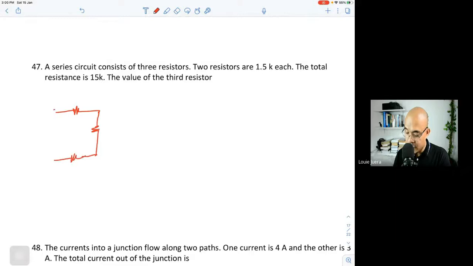three resistors, and we have here our R total. Based on the problem, two resistors are 1,500 each. So 1.5K, this is 1.5K, 1,500. And then this one here is unknown, but the total resistance is 15K, or 15,000.